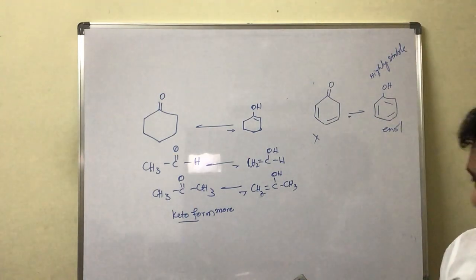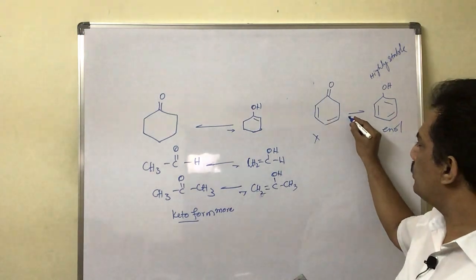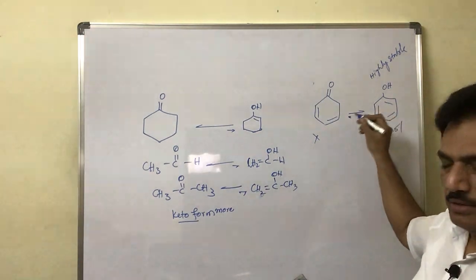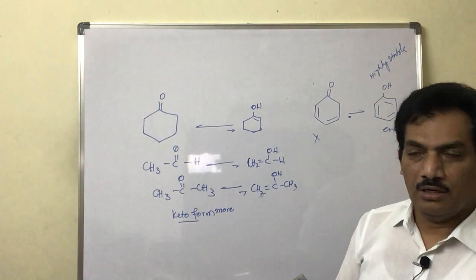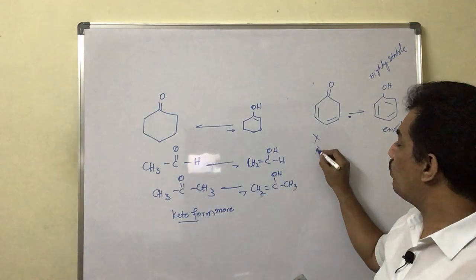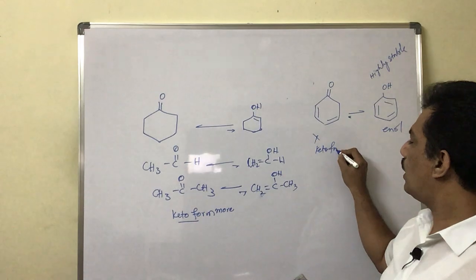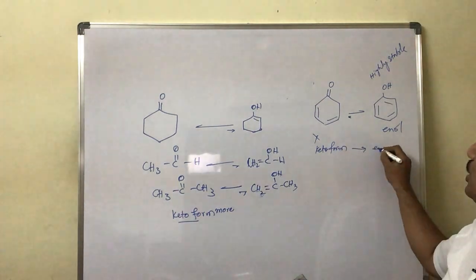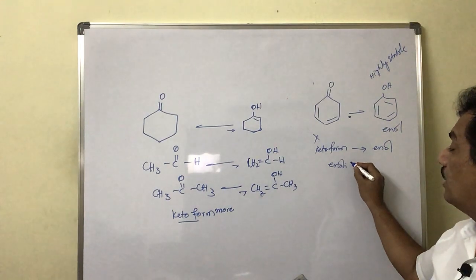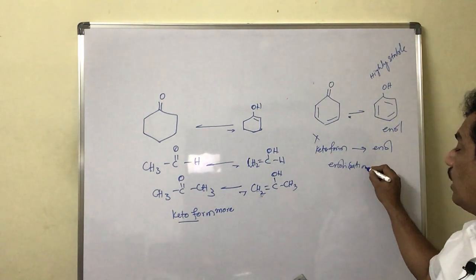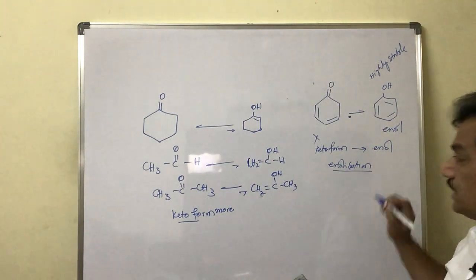And just remember, when it is forming this enol, let me introduce one word, don't confuse. Here the conversion of keto form into enol form is known as enolization. And dear students, remember, it is always enolization.